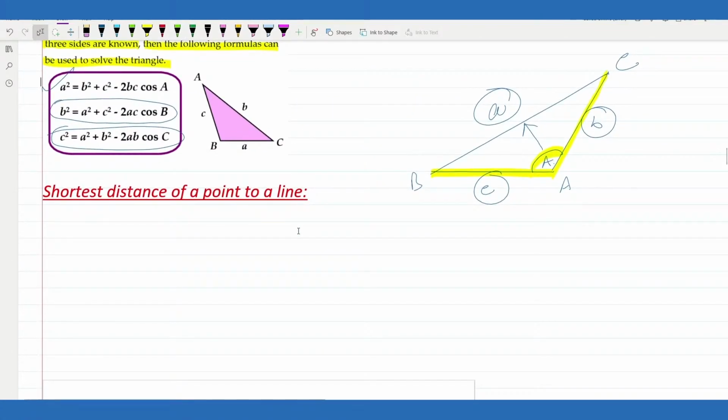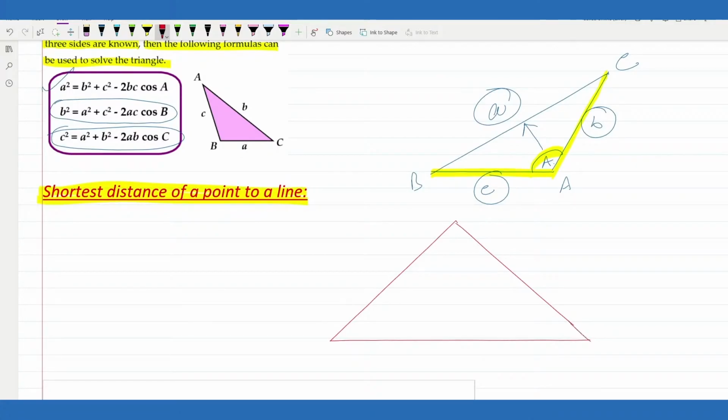So this will be the shortest distance of a point to a line. Next we are discussing the shortest distance from a point to a line. For example, in some cases they give us a situation like this is the triangle ABC, and we need to find the shortest distance.